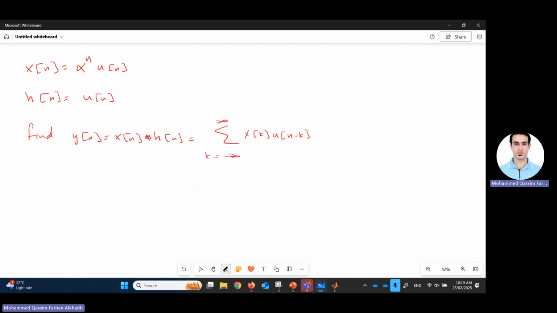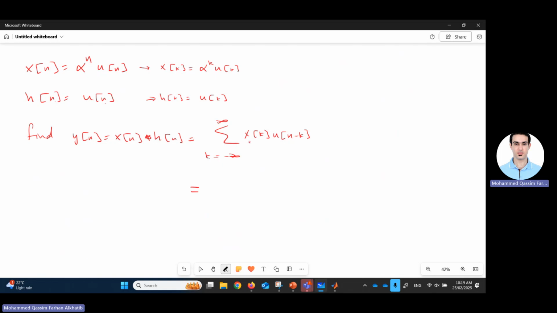All right, so let's substitute. From this one, x of k equals alpha to the power k, u of k, and h of k is u of k. So I just changed the variables, changed the domain. Instead of n, I'm dealing with k now.